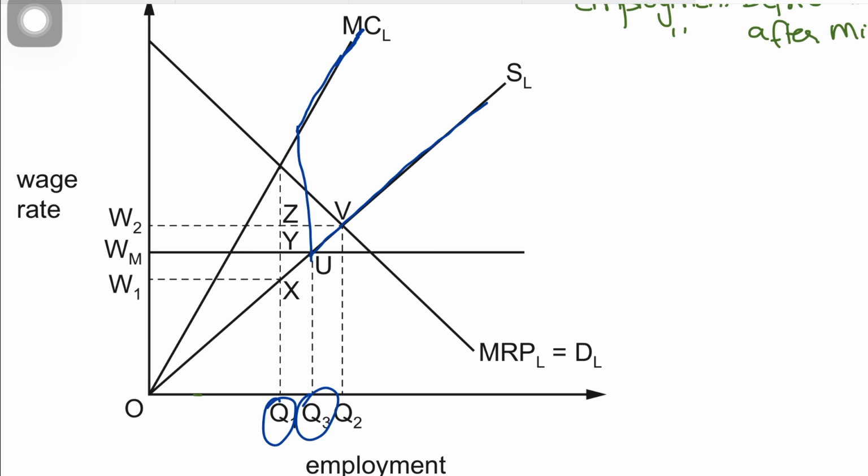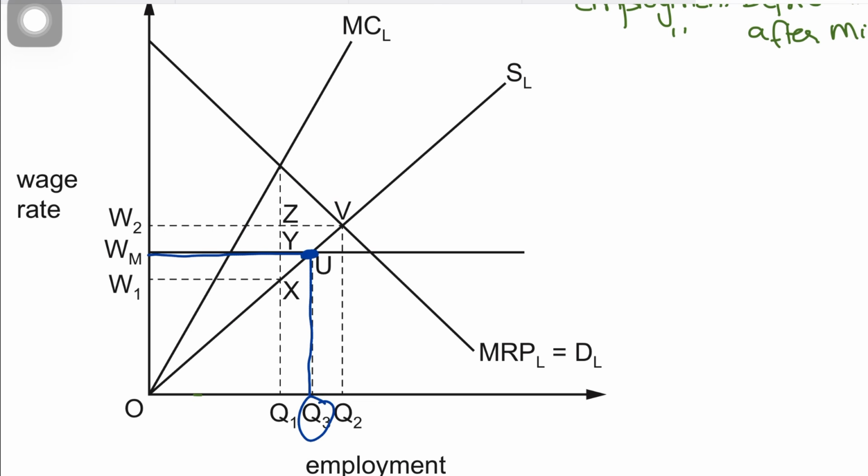Okay, the reason why employment is expanding is because the minimum wage keeps the MCL artificially low and constant up to this point, Q3. So Q3 workers are now hired, right?